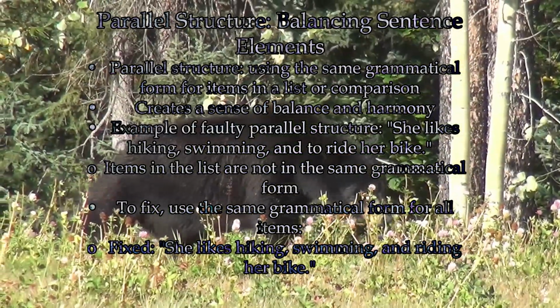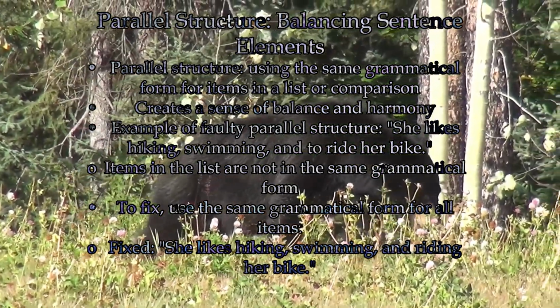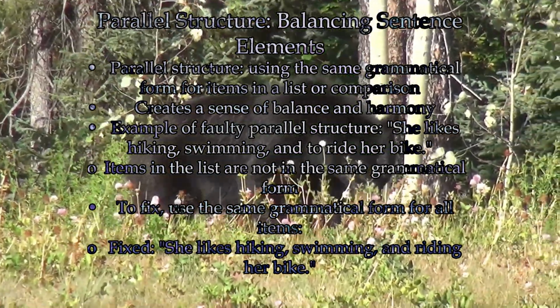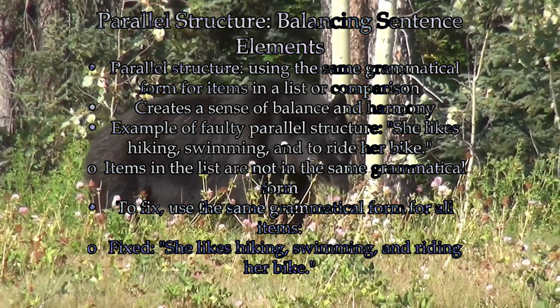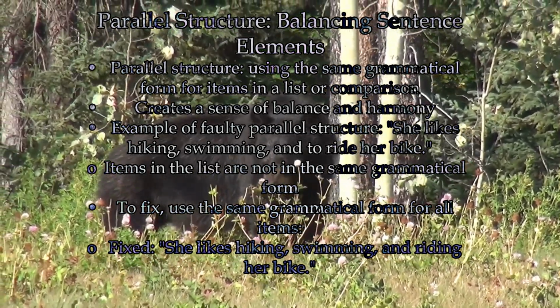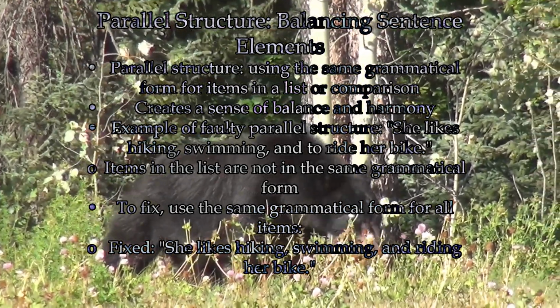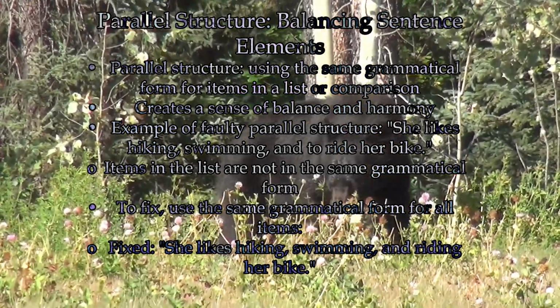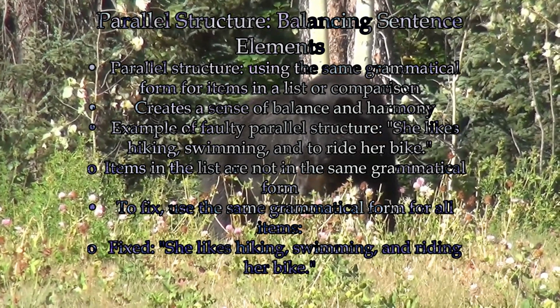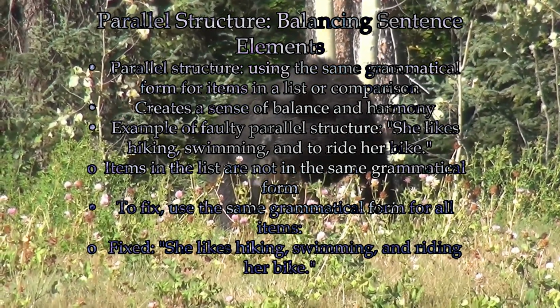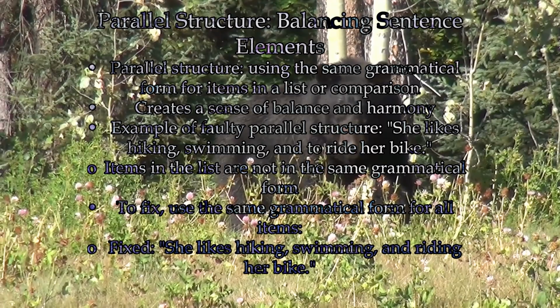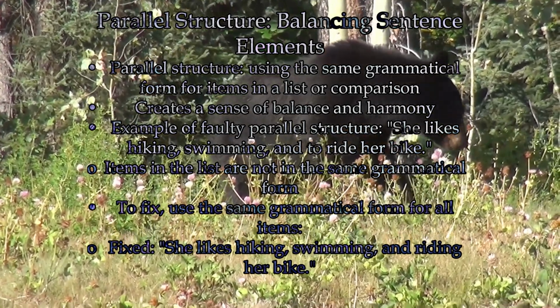Here's an example of faulty parallel structure. She likes hiking, swimming, and to ride her bike. In this sentence, the items in the list are not in the same grammatical form. To fix faulty parallel structure, we need to use the same grammatical form for all items. Fixed. She likes hiking, swimming, and riding her bike.